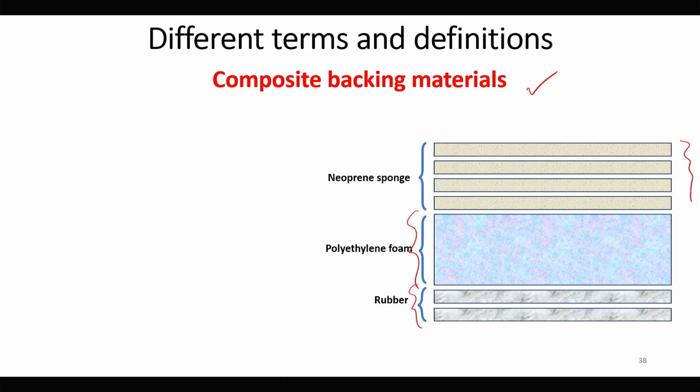And the standard is that the neoprene sponge will not be a single layer; there will be 4 layers of neoprene sponge. Polyethylene foam will be a single layer, and there will be 2 layers of rubber. So, this is the standard composite backing material.